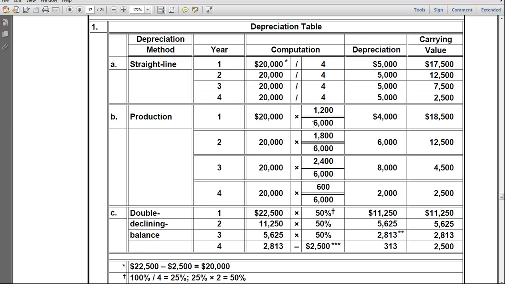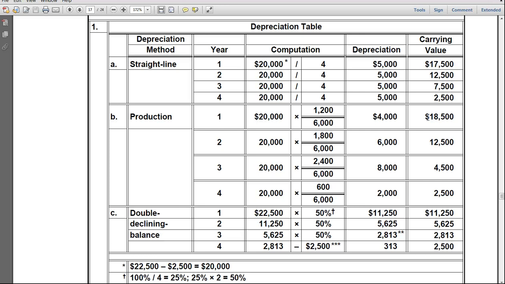In some of the other examples, it may have been 22,500 minus 2,500 divided by 6,000, then divided by the 1,200. But it's basically the same thing, just in a different format. So we come up with $4,000 for our annual depreciation the first year. And so then our cost, $22,500 minus our accumulated depreciation, gives us $18,500 for our carrying value.